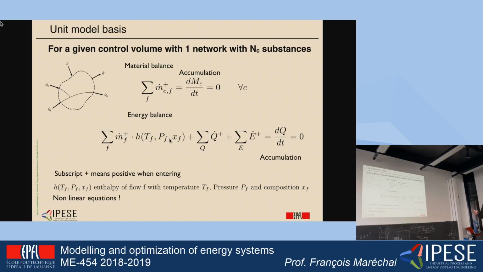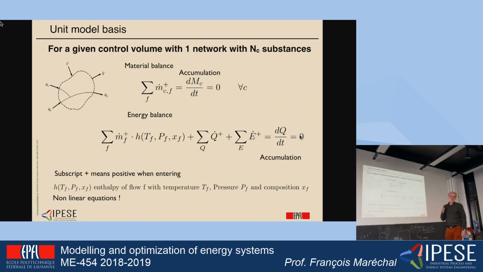The enthalpy that is calculated, we have seen last week, by the constitutive equation that makes the links between the temperature, the pressure, and the composition of the flow. To which we add the contributions of heat and the contributions of work, and we say there is no heat energy accumulation in the system, meaning that the variation is equal to 0.